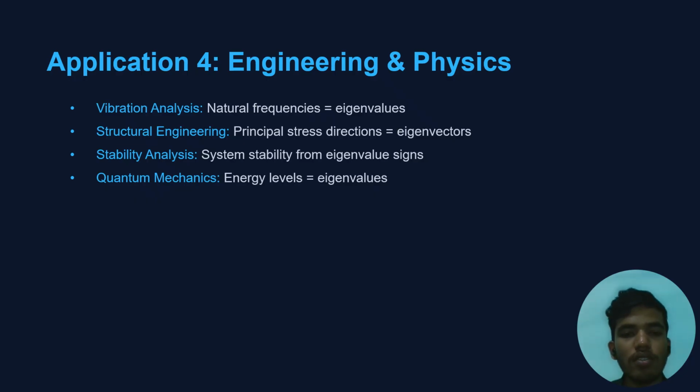When scientists or engineers build a structure using eigenvalues and eigenvectors, they check whether the system is stable or whether it collapses under any circumstance. And in quantum mechanics, energy levels equal eigenvalues, meaning using eigenvalues we can determine the energy levels.